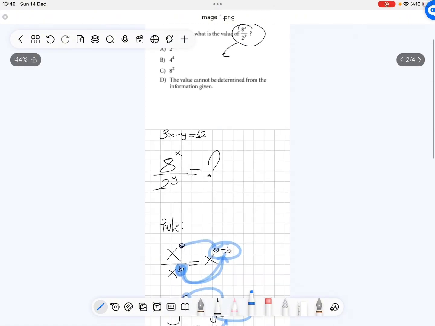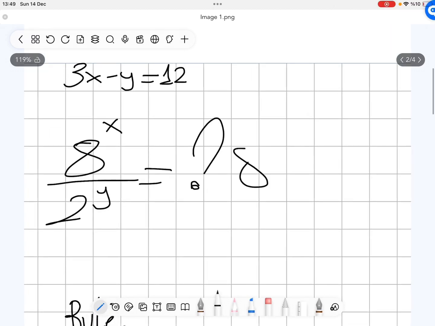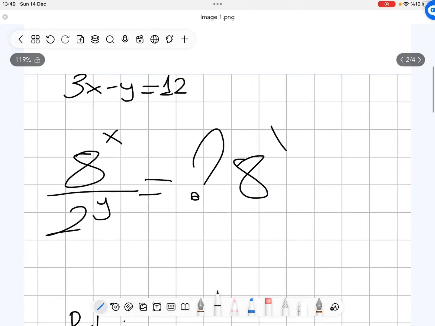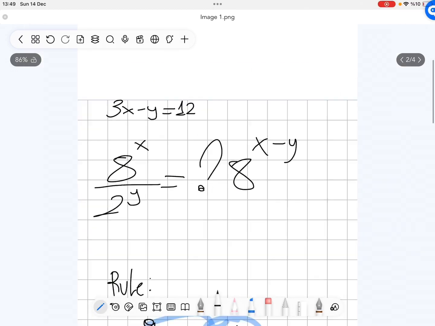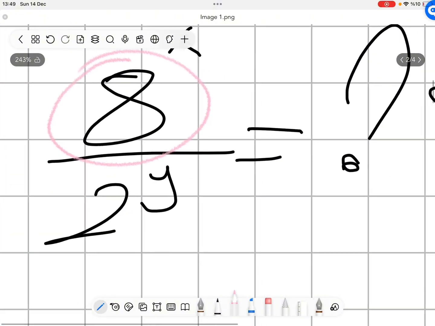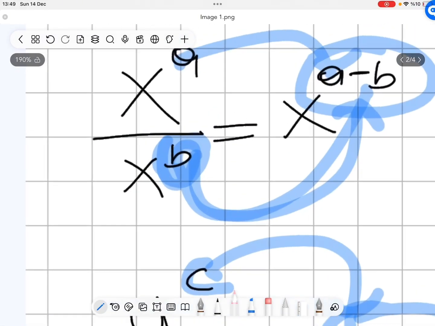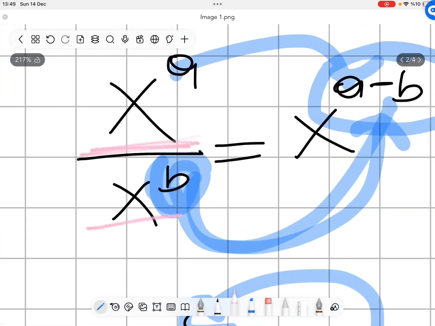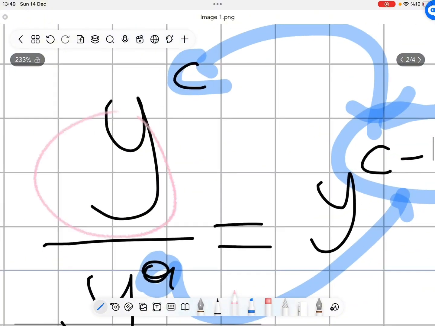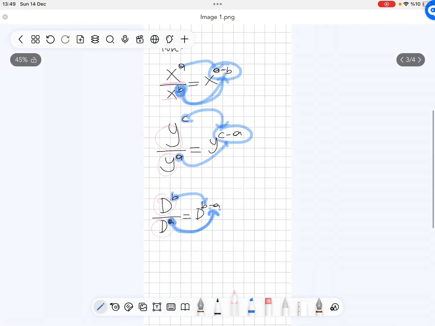But why can't we do it in here? We can't say 8 to the power of x minus y, because look, guys, we don't have the same base. It's 8 in here, but it's 2. In the rule, we can see this. It's x and it's x again. It's y and it's y again. And it's d and it's d again.